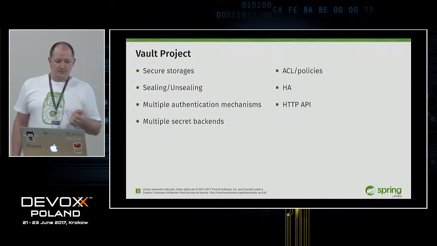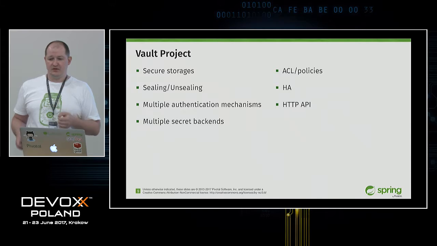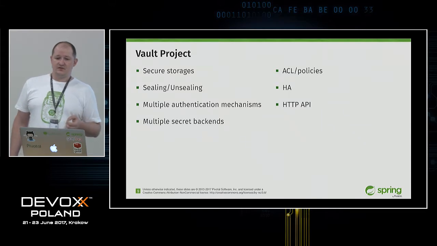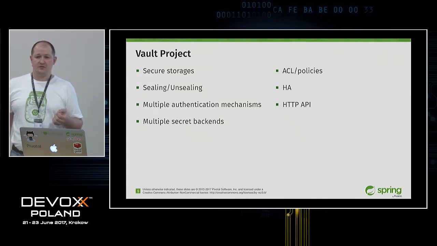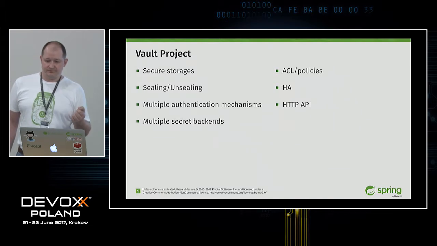Vault supports multiple authentication mechanisms, authentication workflows for manual, for people authentication, and compute machine authentication. And it has support for multiple secret backends. So secret backends are basically these things where you store or retrieve secrets from.